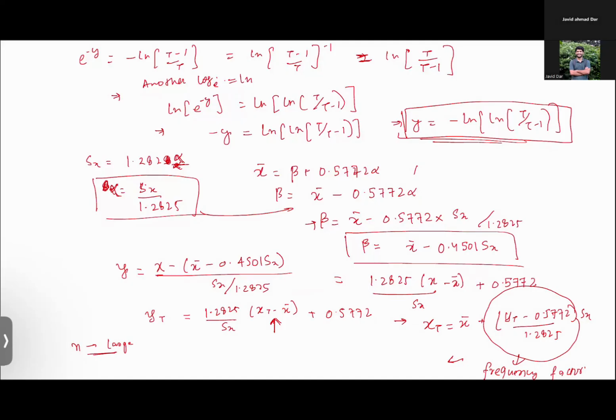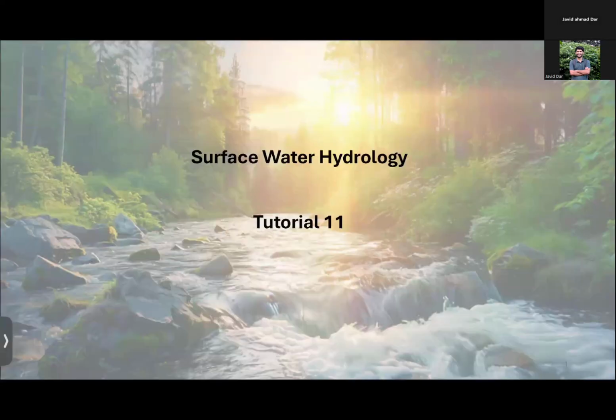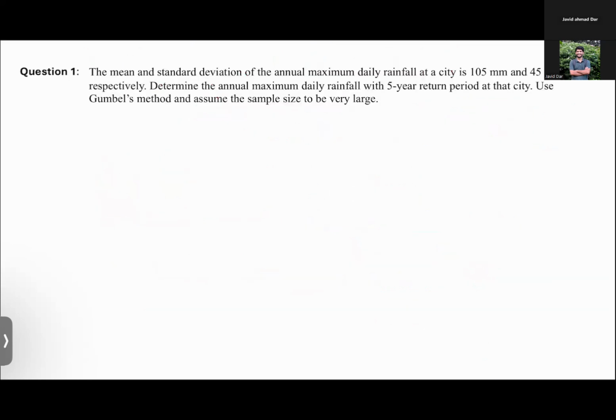Any doubts till now? If not, then we can start the problem. In this problem, the mean and the standard deviation of annual maximum daily rainfall at a particular state are given as 105 mm and 40 mm respectively.